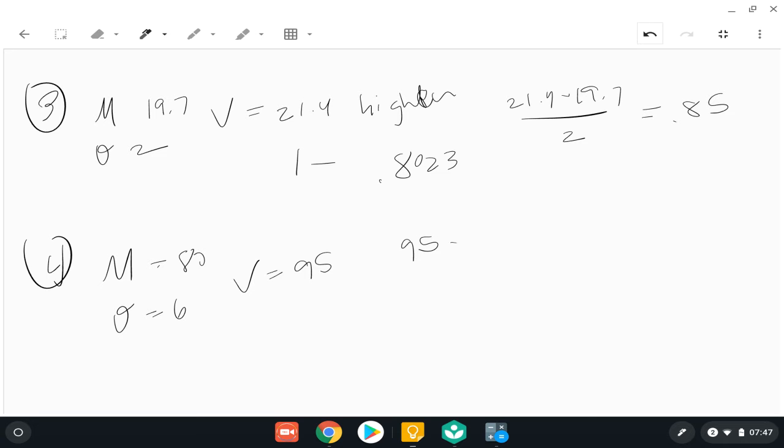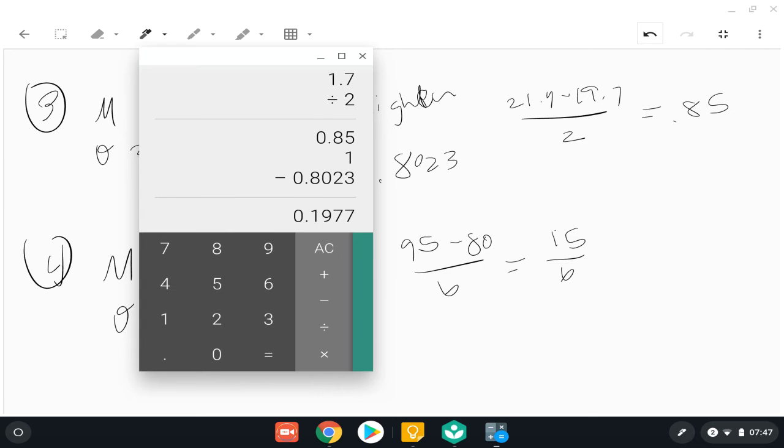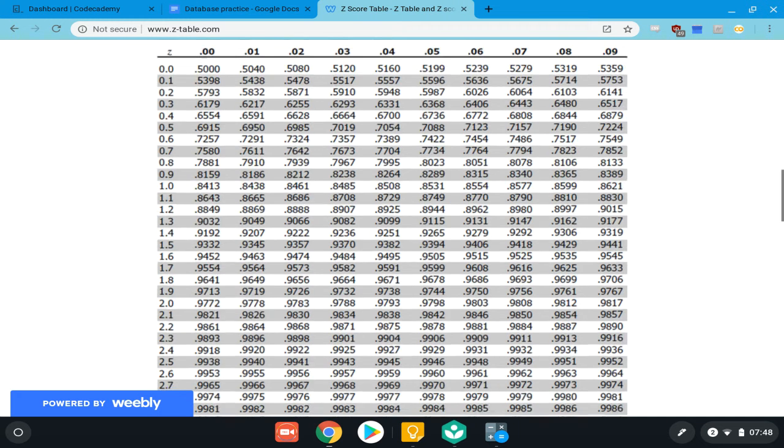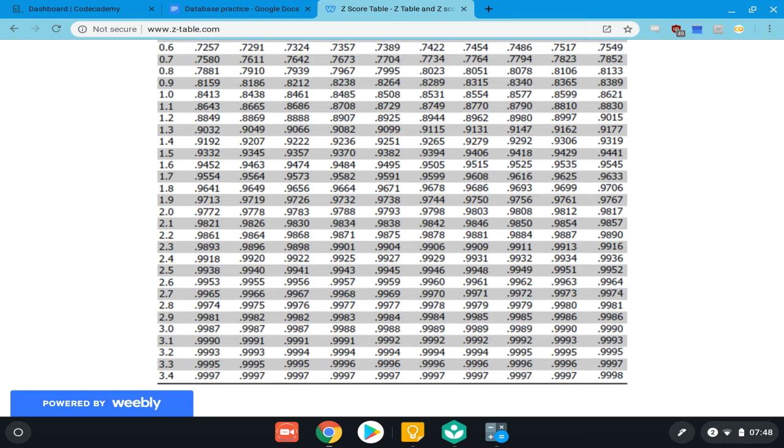So 95 minus 80 over 6 is 15 over 6, which equals 2.5. Take the z-score, 2.5. Perfect, 99.38.